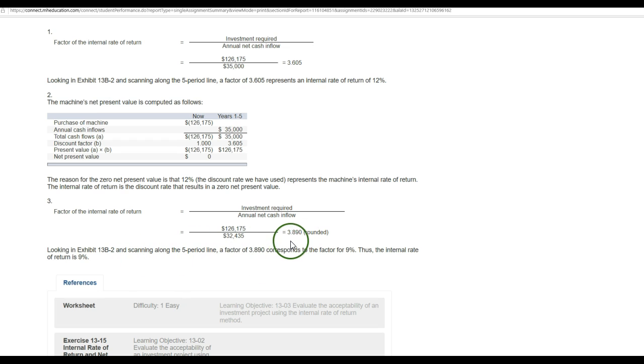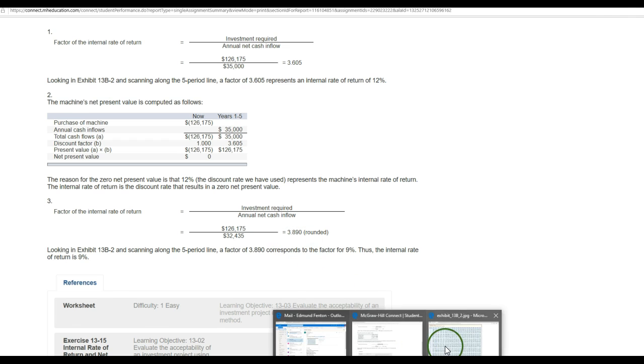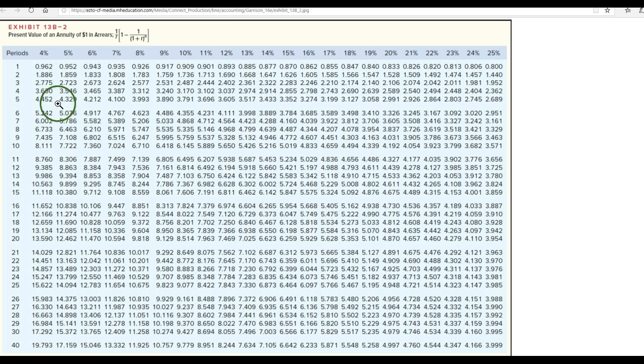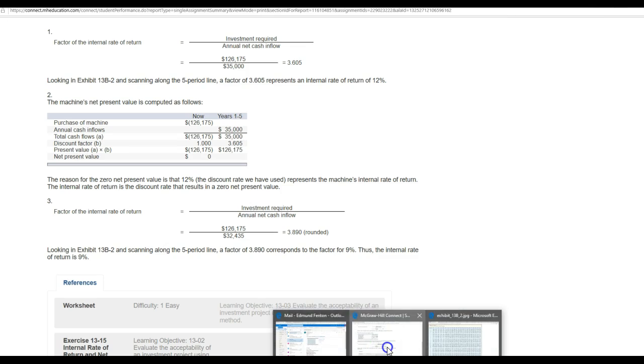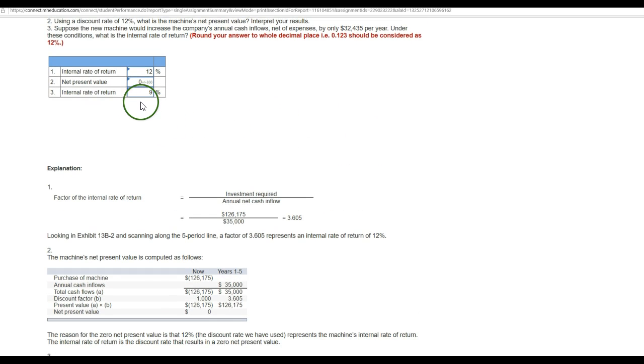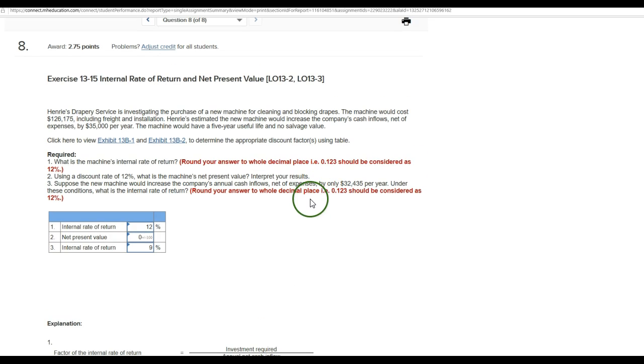Remember, we're going to look for 3.890. 5 years, here it is, 3.890, 9%, that's the answer. So if it generates only $32,435 each year instead of $35,000, then it's only going to earn us 9% instead of 12%. So that's the answer here for number 3. Okay, so that's the explanation for this problem. So good luck with your studies.